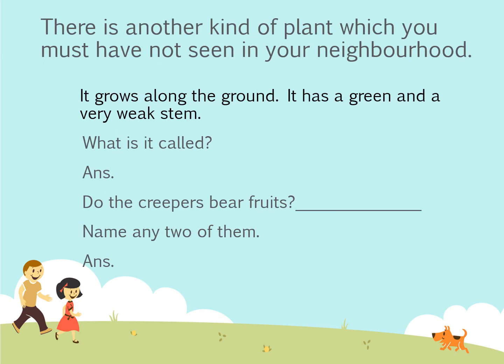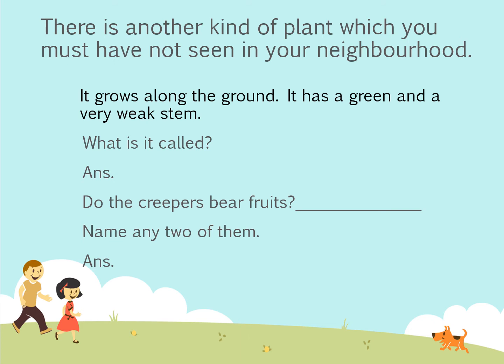There is another kind of plant which you must have not seen in your neighborhood. It grows along the ground. It has a green and a very weak stem. What is it called? Children, it is called creepers.